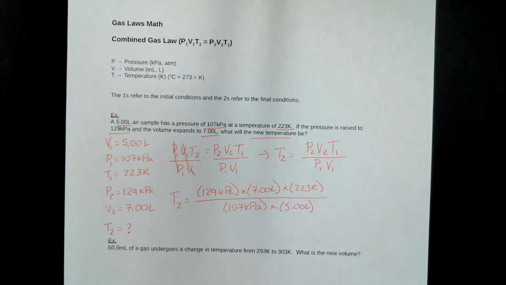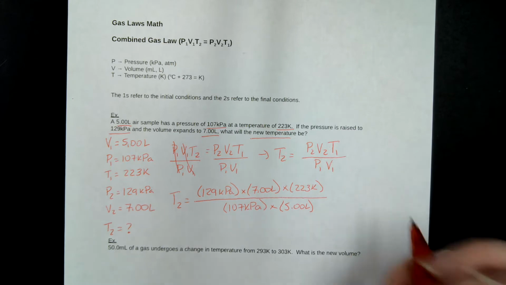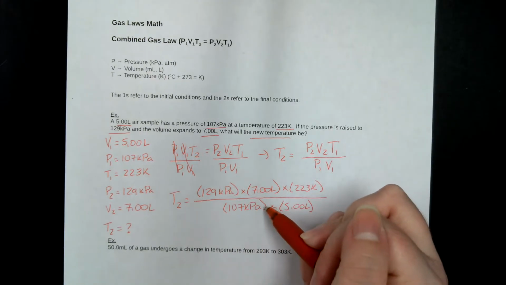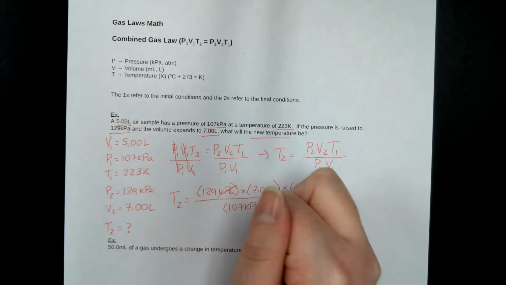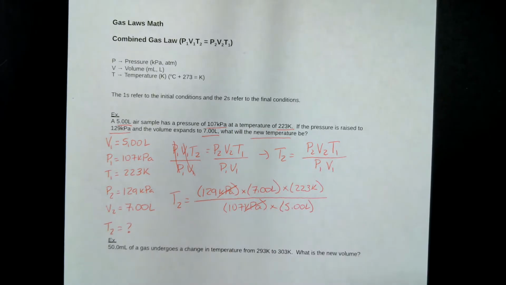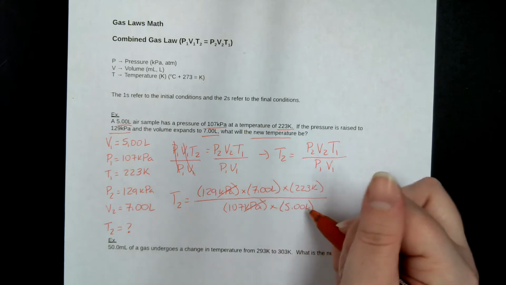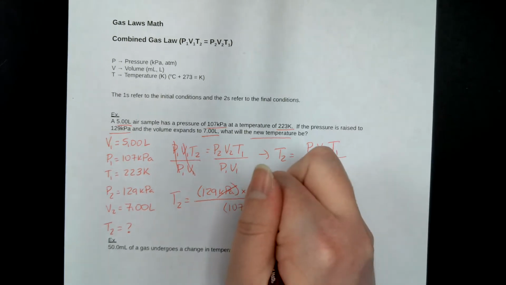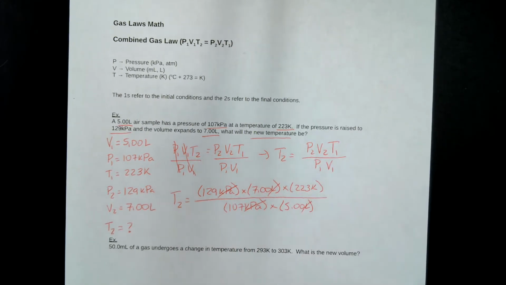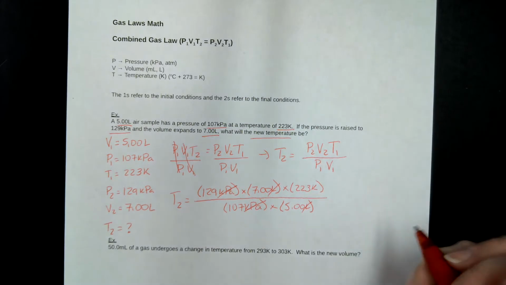Now, before we actually do the math, we can take a look at the units and make sure that they work out. So we have kPa on the top and the bottom, which means ultimately kilopascals will cancel out. We also have liters on the top and the bottom, which means that liters as well will cancel out.